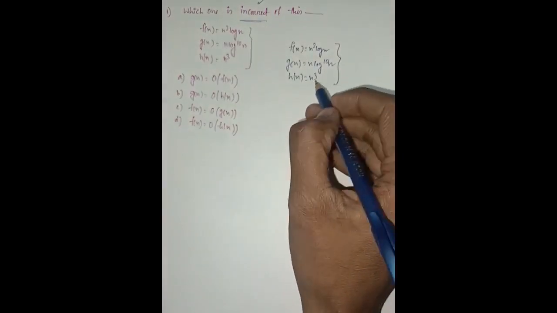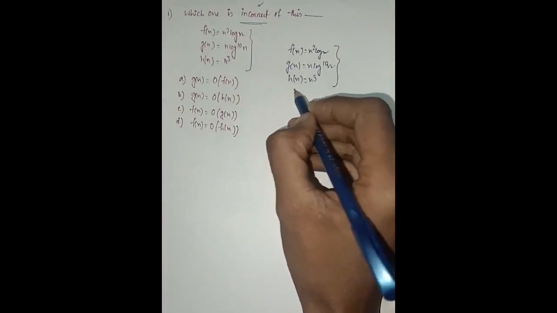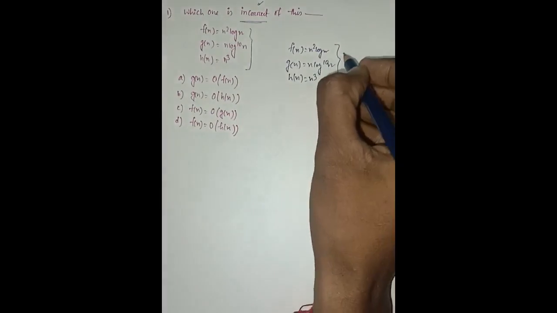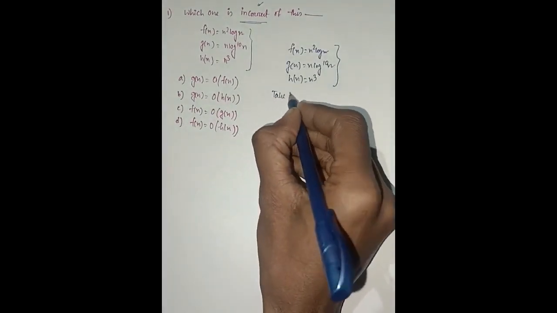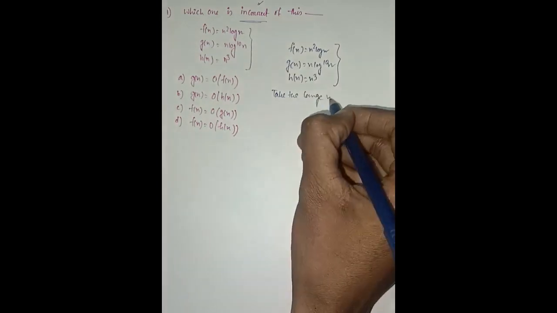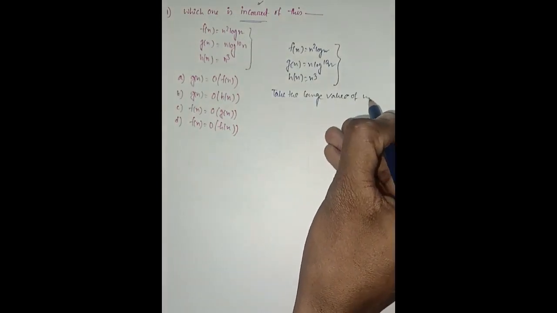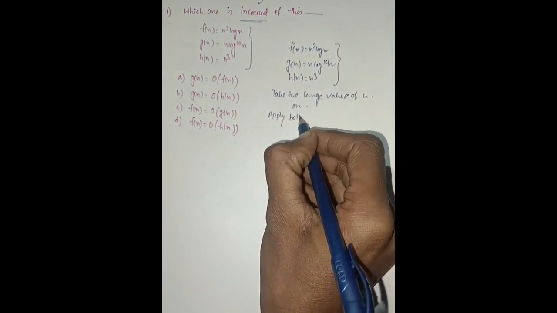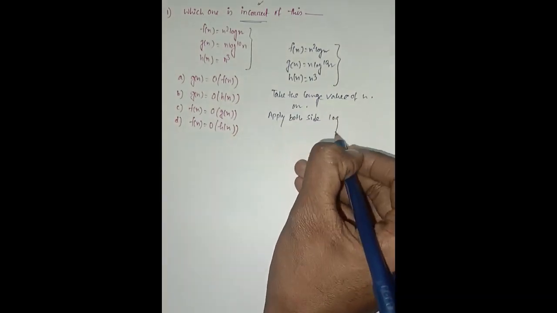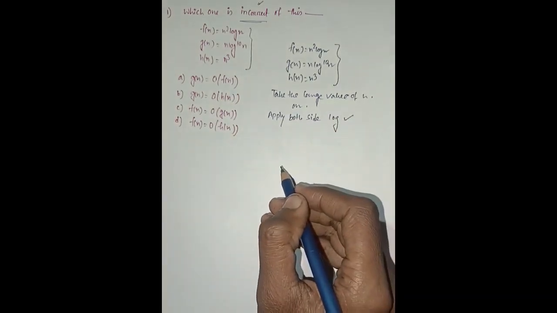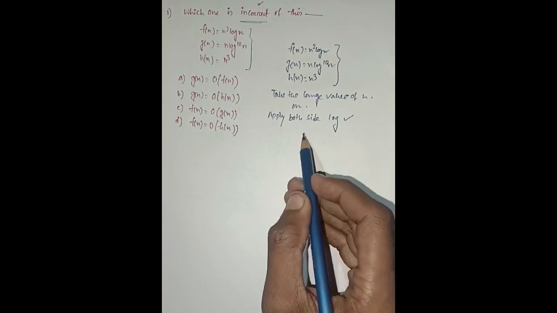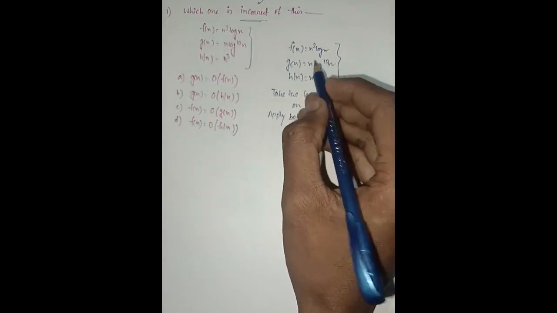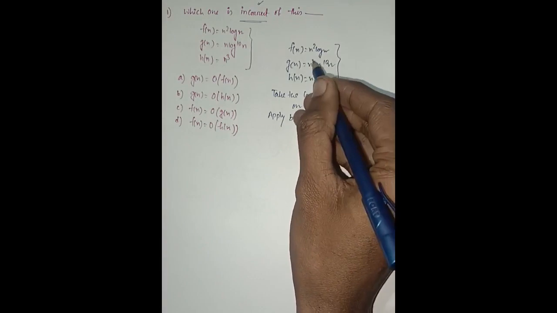We have to calculate this by taking a large value of n, or by applying log on both sides, so that we can easily see which function is small and which is large. Here we note n cube, n and n square.